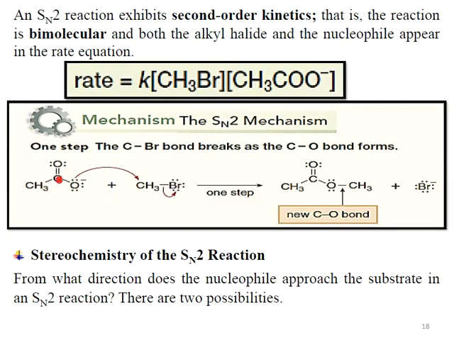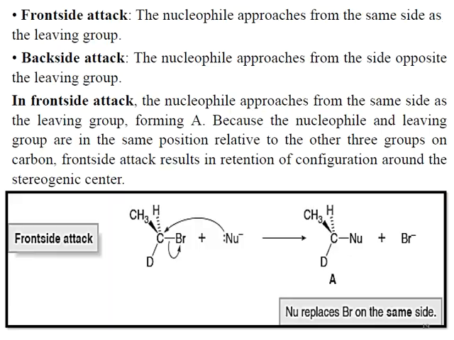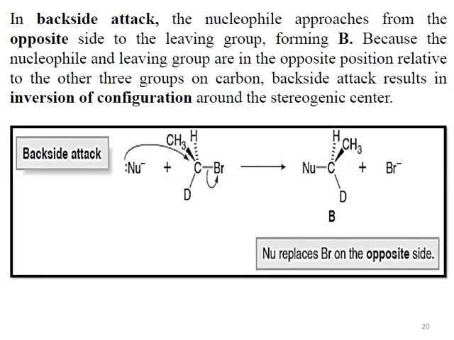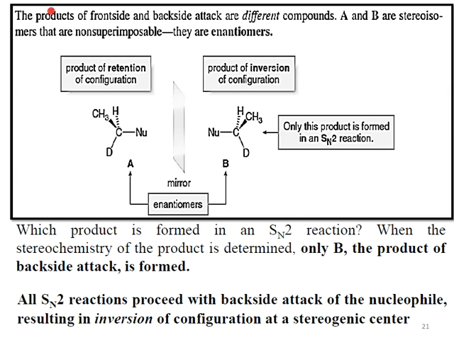Look, the nucleophile attacks from the back side and removes the leaving group. And the products of front side and back side attack are different compounds. Look, this is a different compound, not about the name of the compound, which is the same name, but about the configuration.